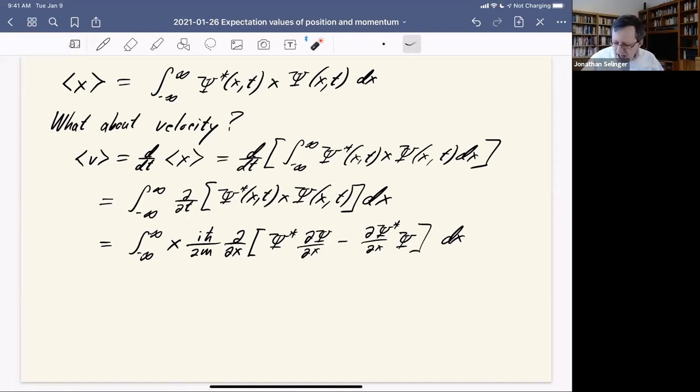Here's a trick. Let's integrate by parts. That'll do it. So you guys remember about integrating by parts?